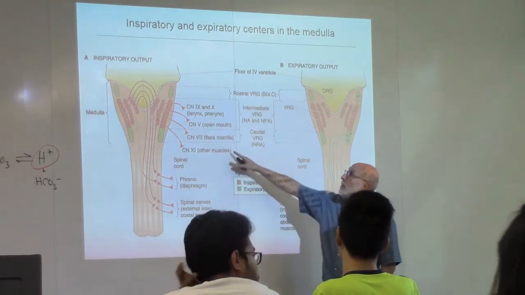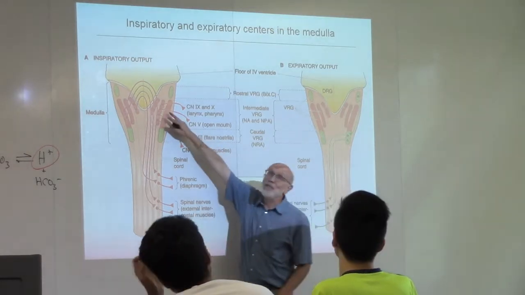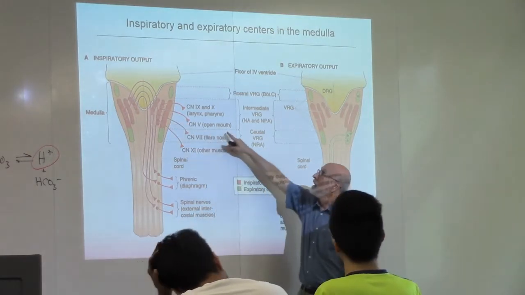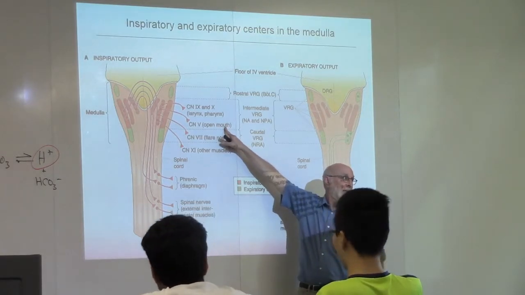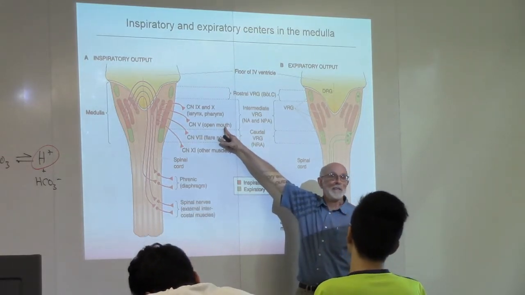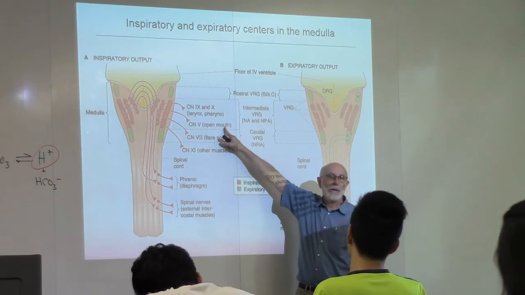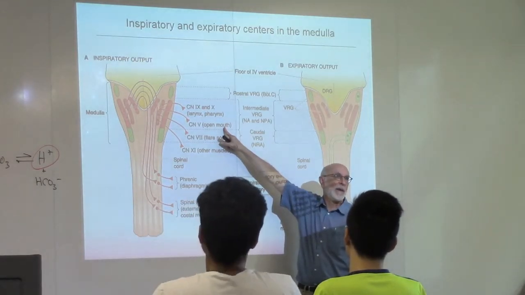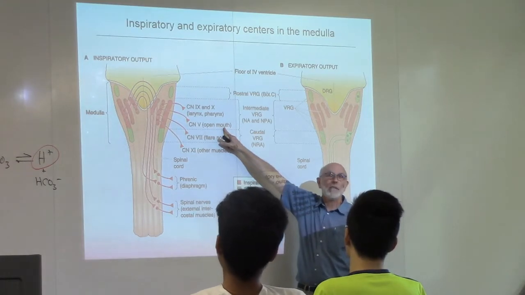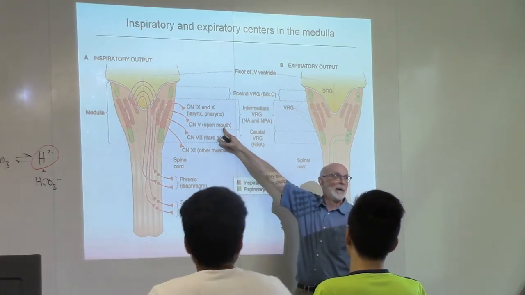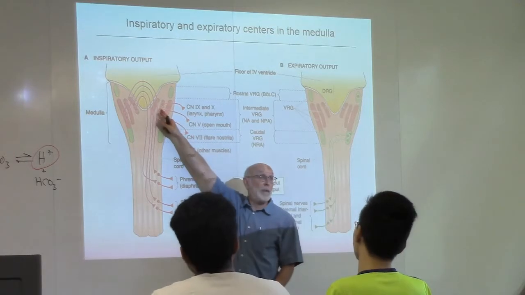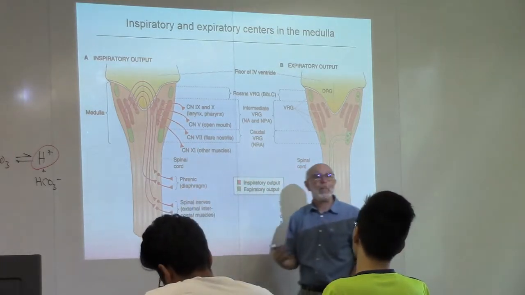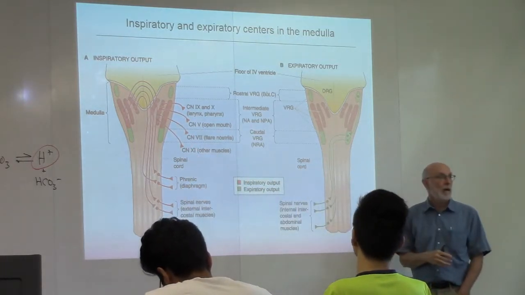And you have centers in your medulla that cause you to start mouth breathing. You know that if you need to ventilate a lot, you don't keep your mouth closed anymore. You now start to breathe through your mouth. You may not even be aware that you're opening your mouth to breathe because it's controlled by the medulla oblongata, which is an autonomic part of the brain, automatic.